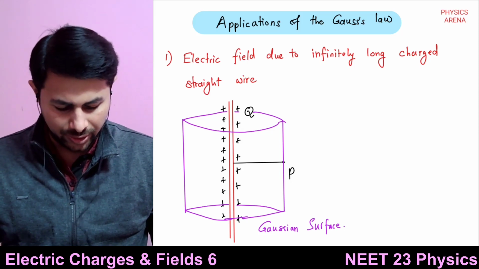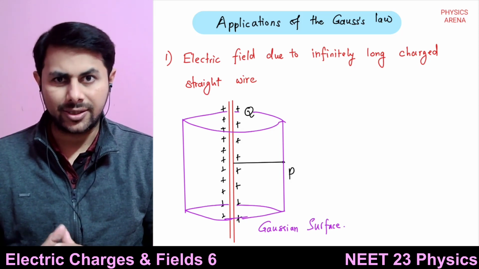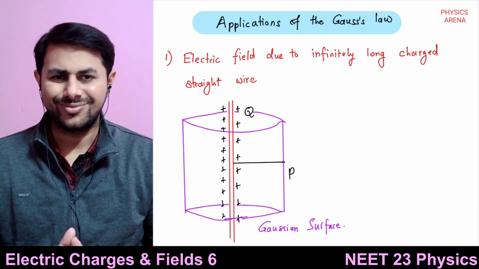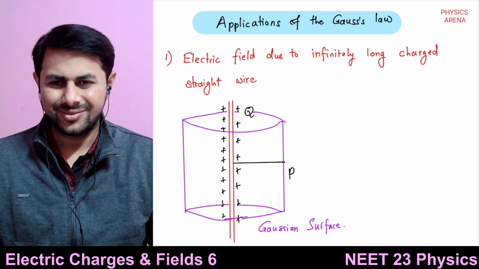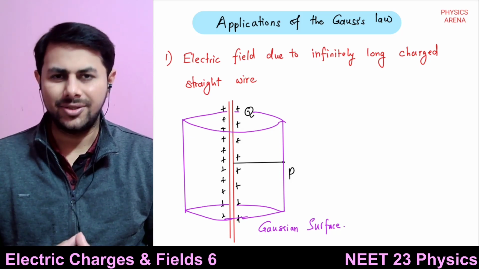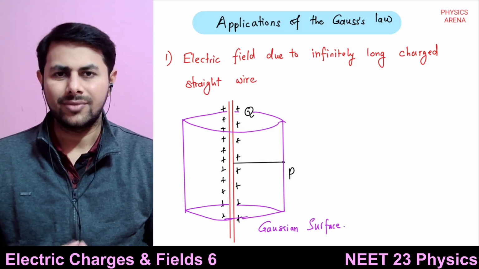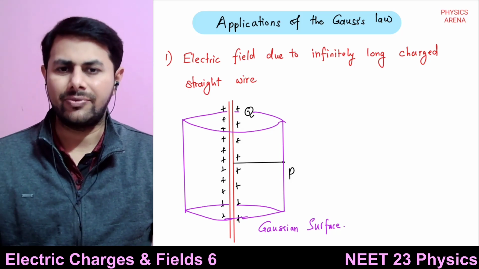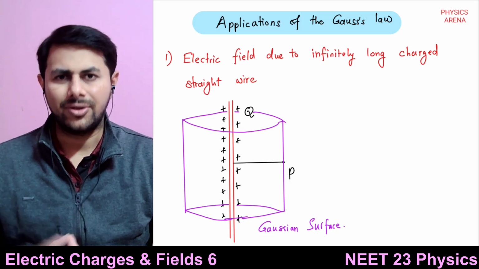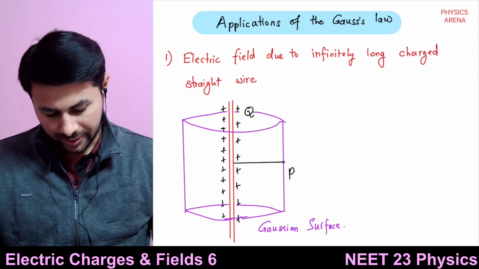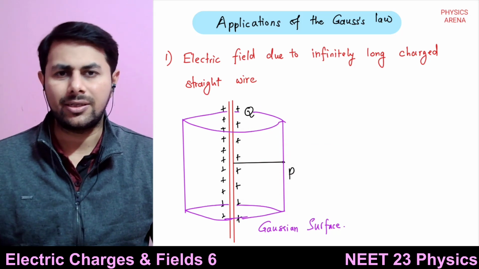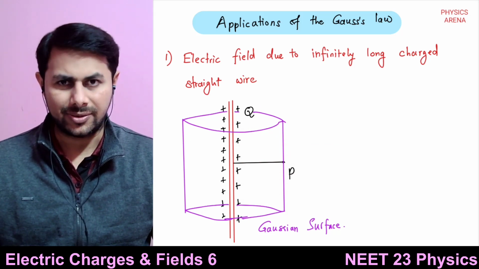So why do we need a Gaussian surface? Because Gauss's law tells us that the flux due to the electric field out of any closed surface is equal to the algebraic sum of charges enclosed by the surface.